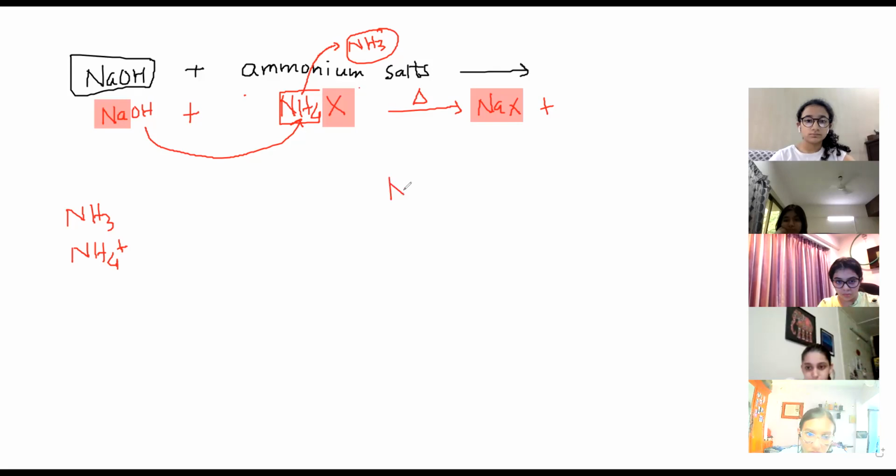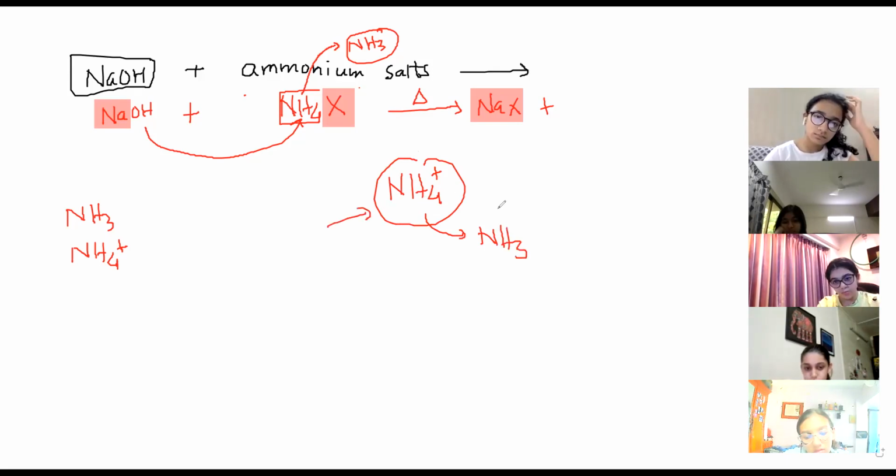So if I remove ammonia from ammonium, what will remain? H plus. See, N removed, H3 removed.